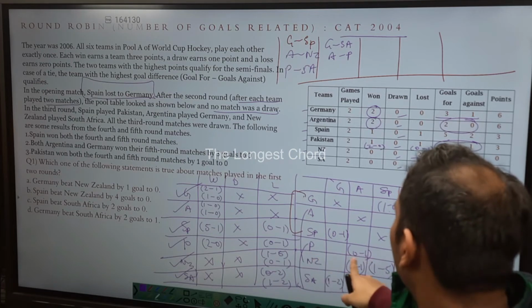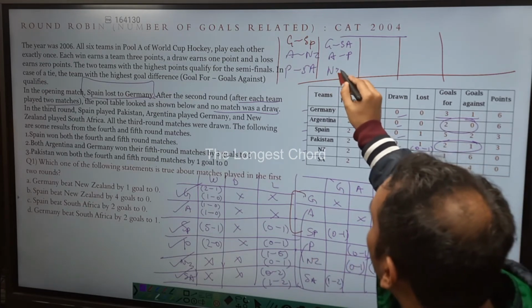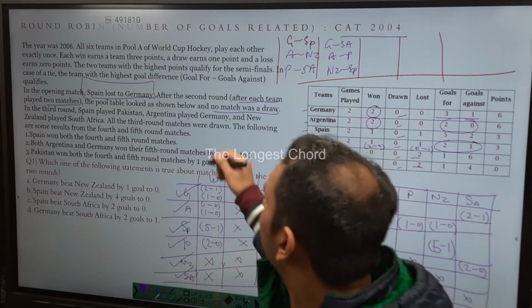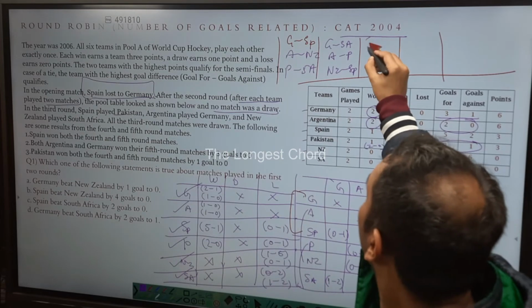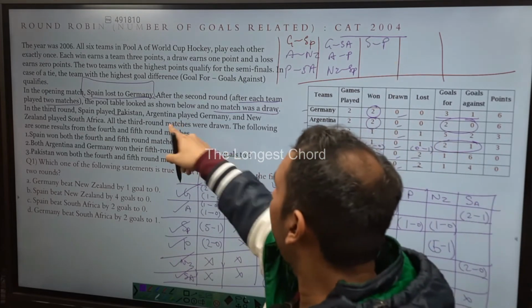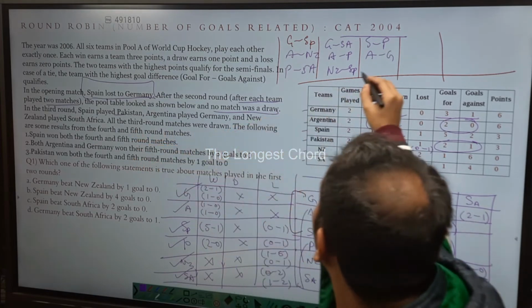Argentina is already done, so we can say New Zealand with Spain. So that way 2 rounds, that in the third round Spain S played against P, A played against G, and New Zealand plays against South Africa.